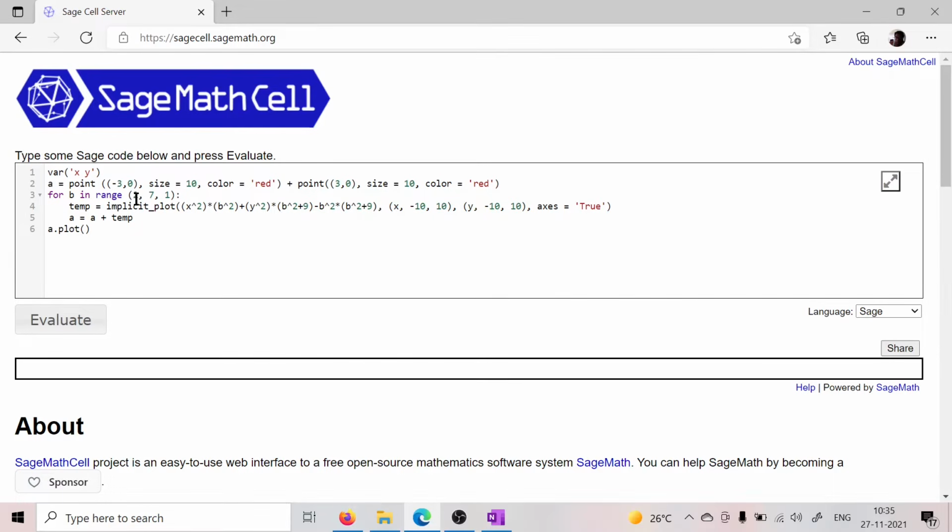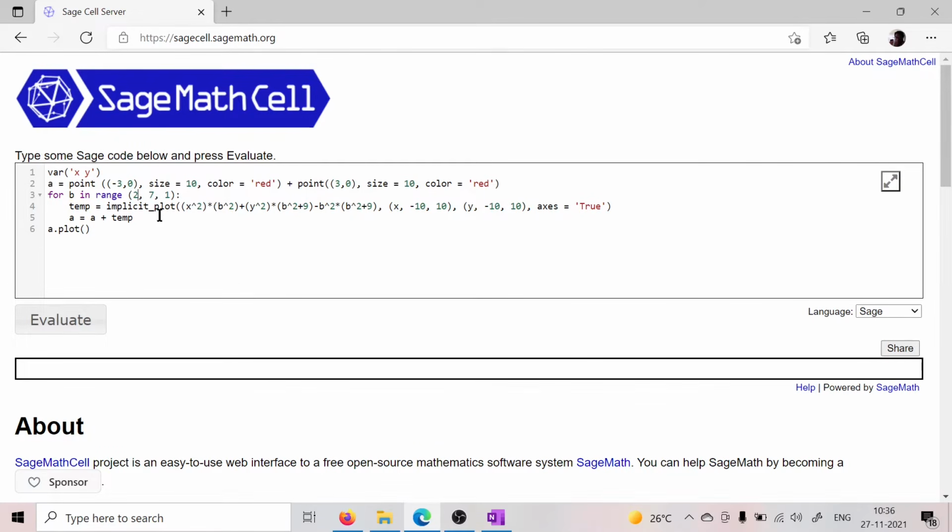In the next loop, 2 will be incremented by 1 and then 3 will be used in this command, then 4 will be used, and accordingly it will go from 2 till 7, not including 7. So it will go from 2, 3, 4, 5 and 6. So 5 ellipses will be plotted starting from 2 and till 7, but not including 7.